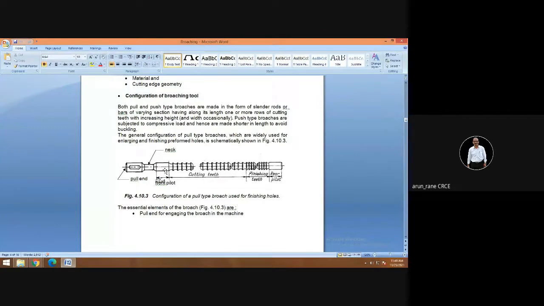Suppose I want to finish a hole of 20 dia, 20 H7, then this diameter will be 19.7, and you will have progressively increasing diameter teeth. As I said, 19.7, then 19.72, 19.74. This can be a little less also, 19.68, so that it can run through the drilled hole easily.